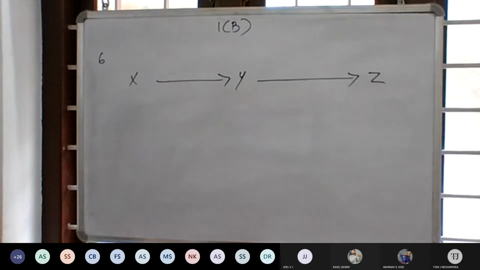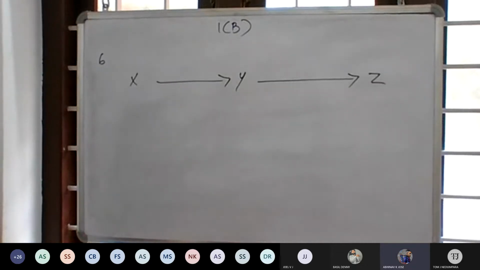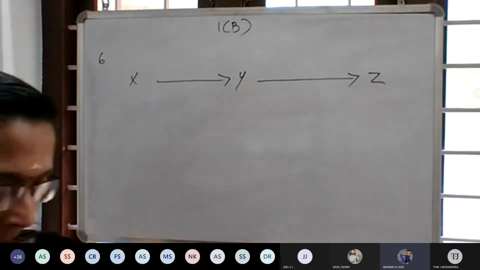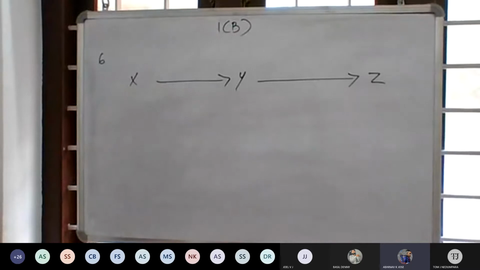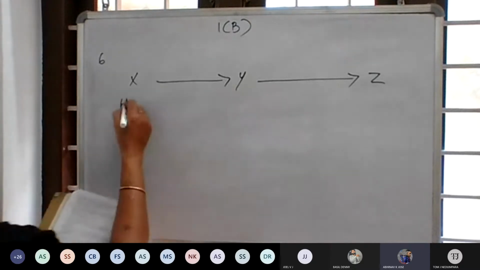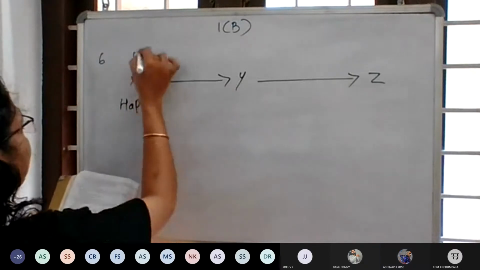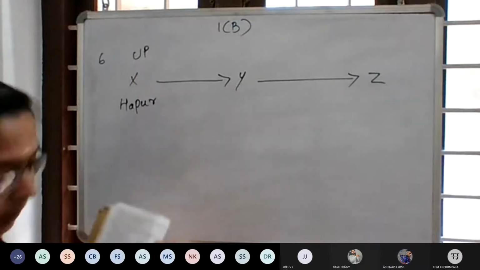So, what are the things we want to do? Tell me. Selling price. Question 6 we are doing. What are the things we want to write? Dealer X in Harpur, okay. That all things you wrote, no? UP, supplies goods.